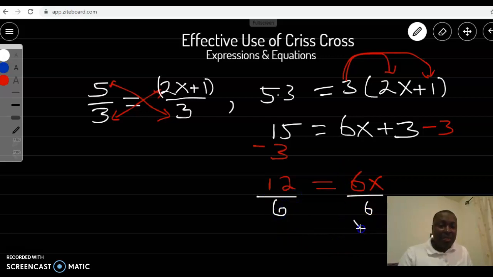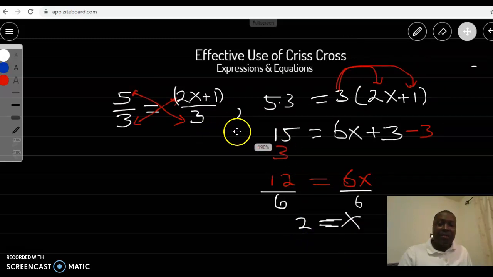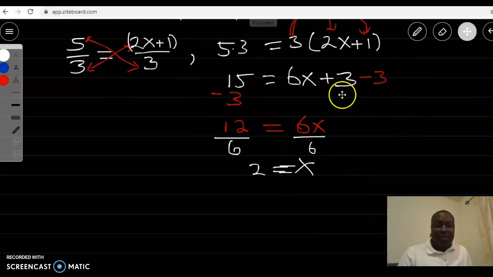Here becomes 1, but as you all know, we can just write it as x, and here 12 divided by 6 gives you 2. Okay, if you don't like it this way, you can just reverse it and say x equals 2, because it's all the same.